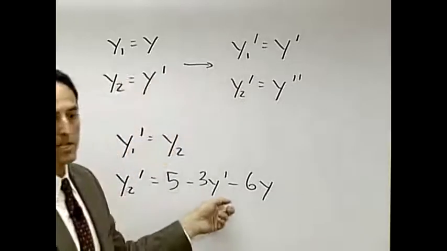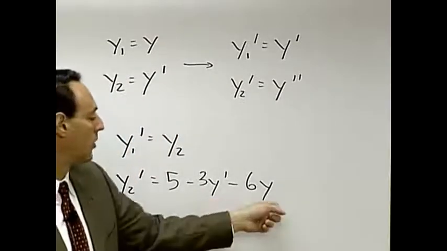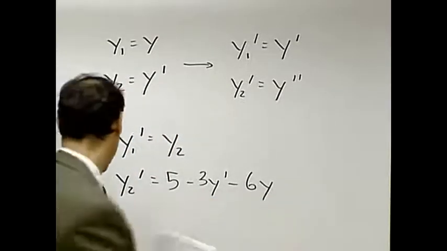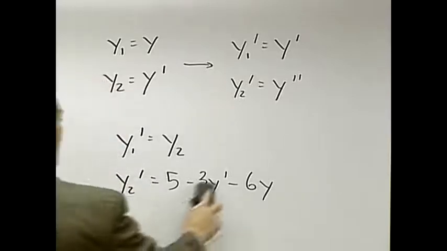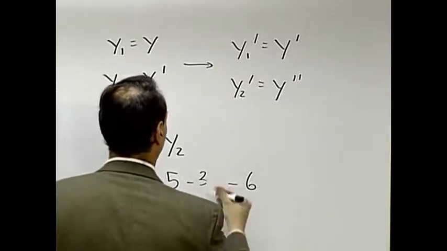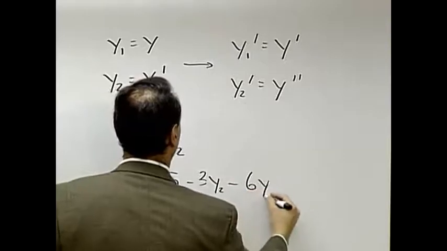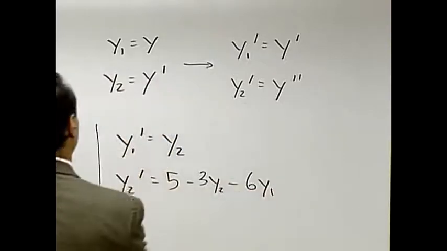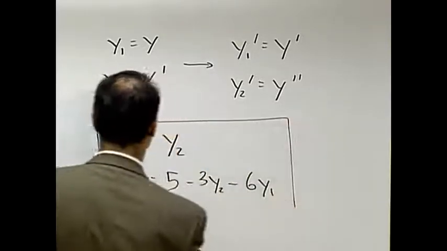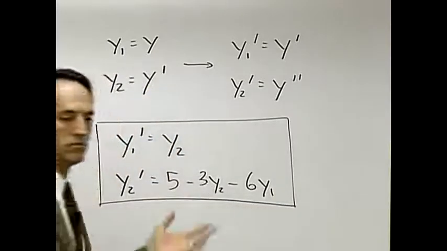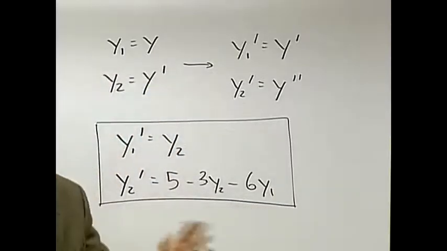But y prime is y2, and y is y1. So these just get traded out for a y2 and a y1. There it is, first order form. We're set to go. We're going to use that.